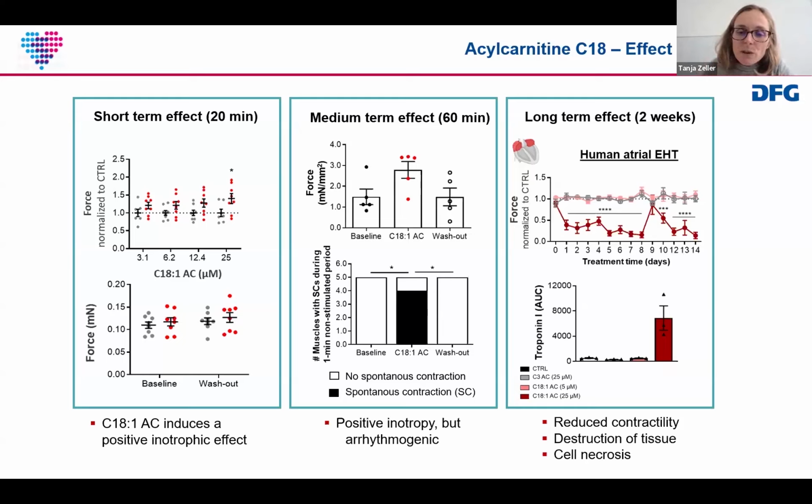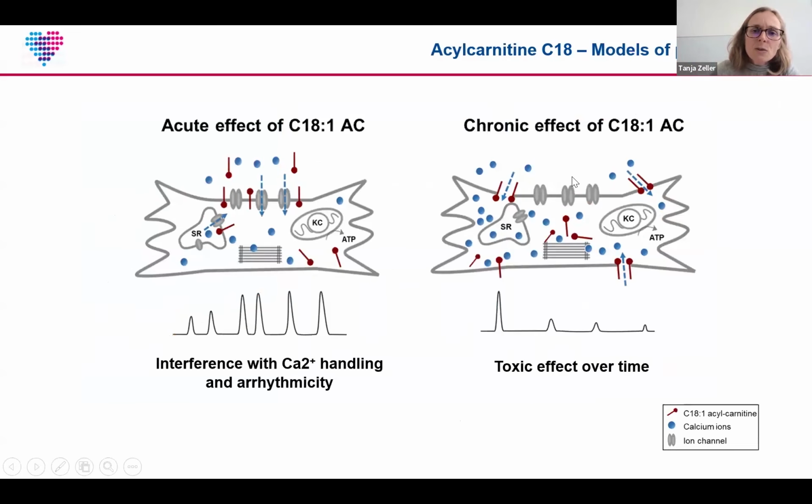So this was our first indication that there really was some arrhythmogenic potential. And when we treated the cells for a long-term effect, which we think might be accumulation of C18 over years, we found that the cells first start to do the spontaneous contraction, and then they die.